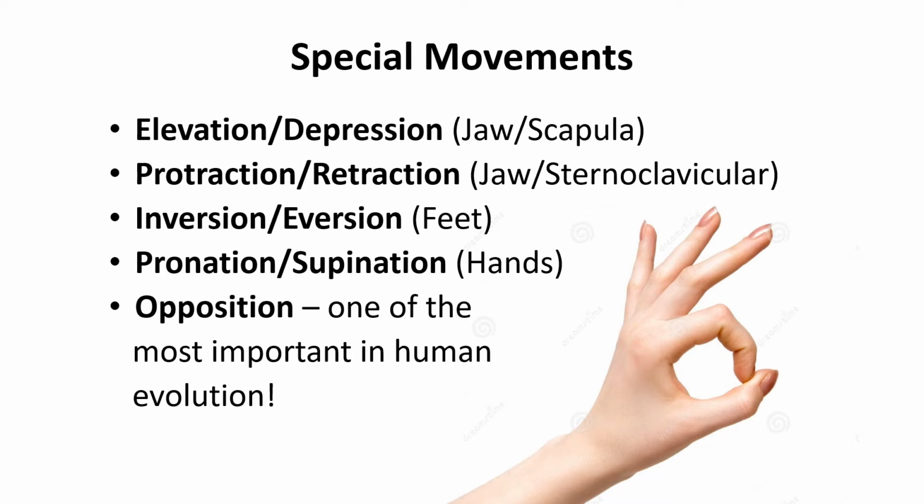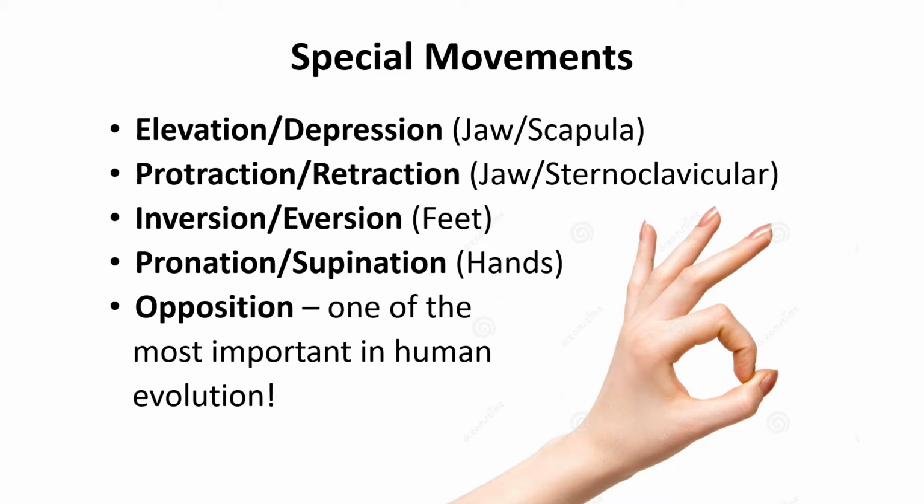The terms rotation, adduction, abduction, extension, flexion can be used to describe movements at most non-gliding synovial joints. However, just to make things a bit trickier, there are a few joints that have special movements and they have special names as a result. We have elevation and depression. We can use this in reference to movements of the scapula or of the jaw.